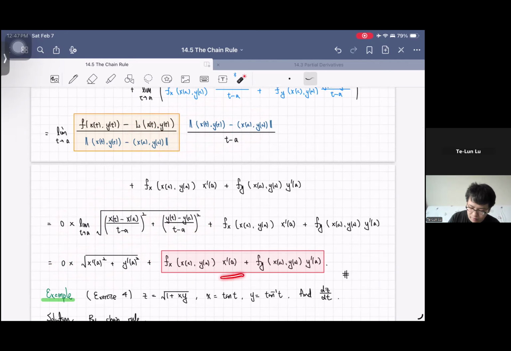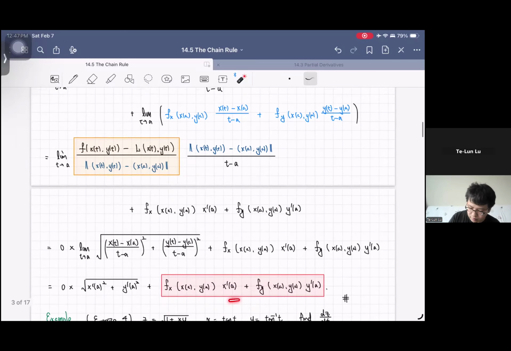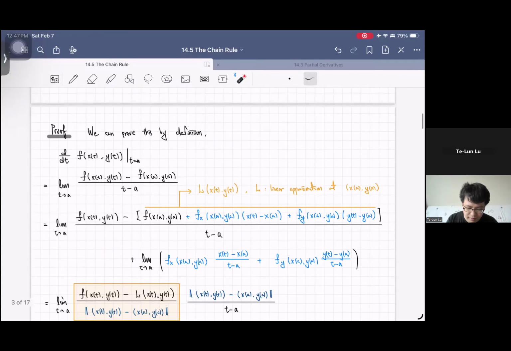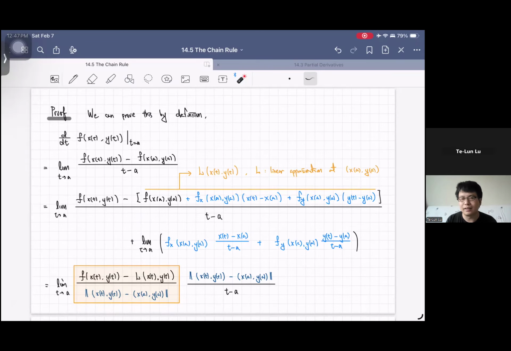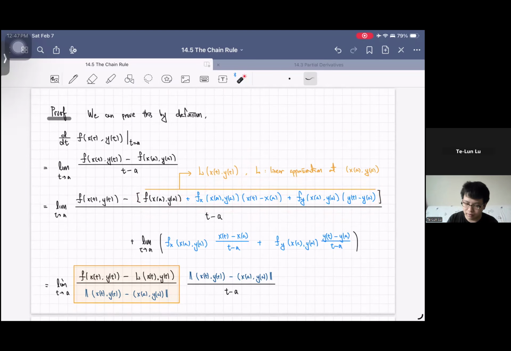And so we get the derivative being this chain rule flavored term, right? So let me go through this proof real fast again. Basically, what we're doing is, again, to apply the definition of differentiability. So I include the terms that make f(x(a), y(a)) plus those terms the linear approximation, a first order approximation of the function at the point a.